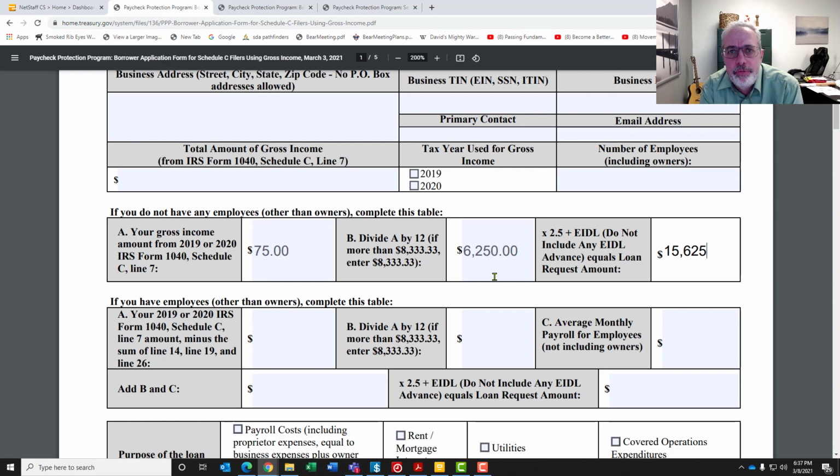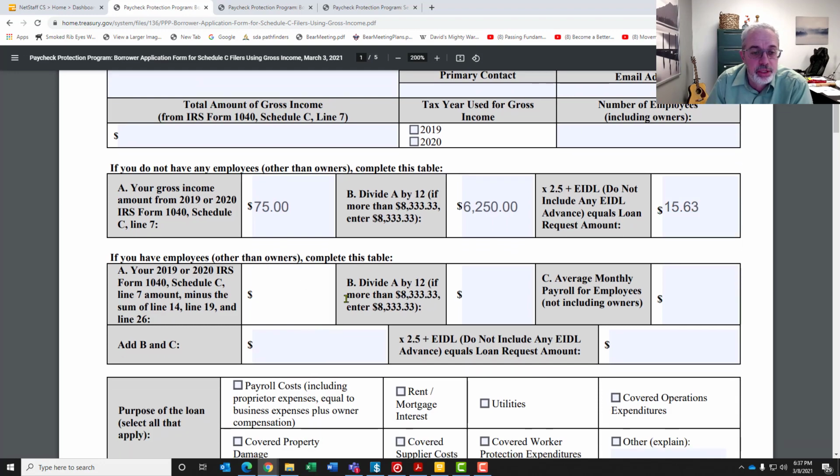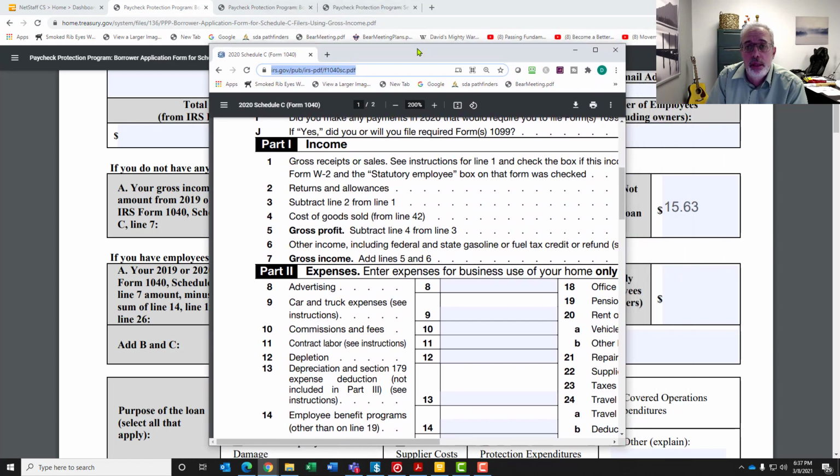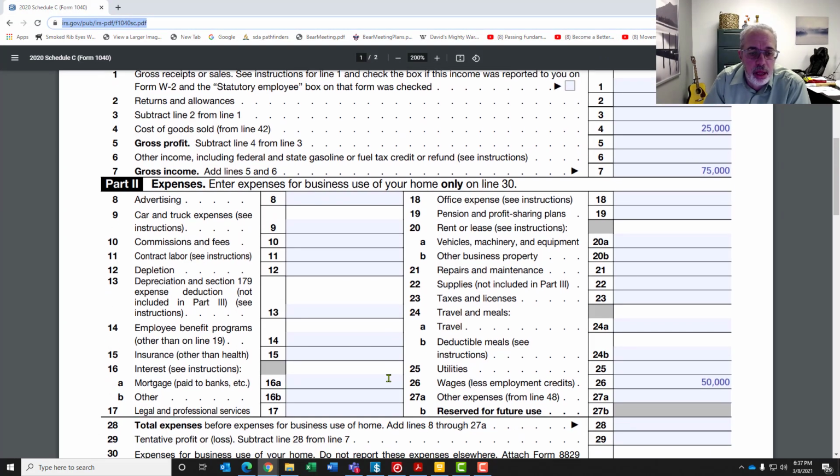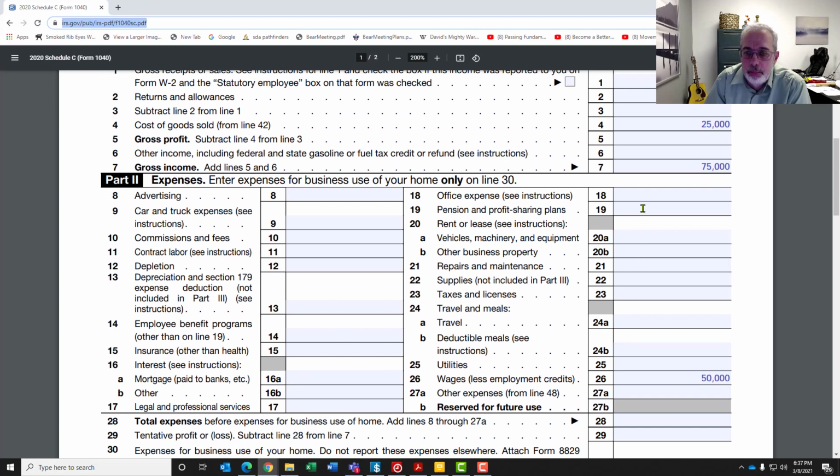But what if you did have employees? So let's say you're a sole proprietor, but you do have employees that you pay wages. In that case, what you're going to do is take your Schedule C line 7 and subtract out employee benefits, pension, and wages.